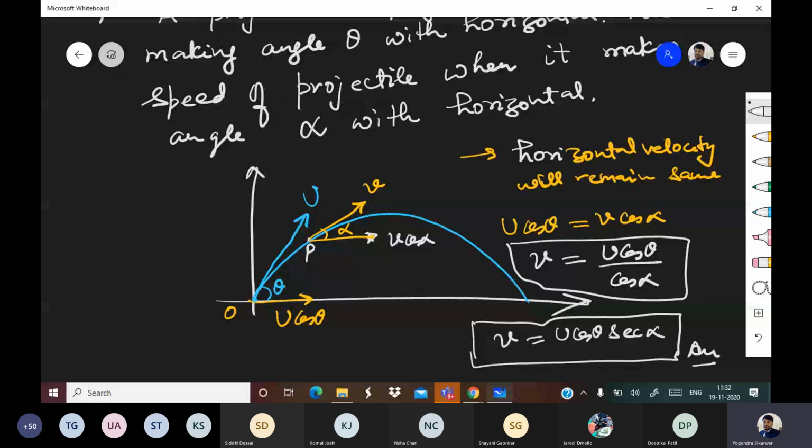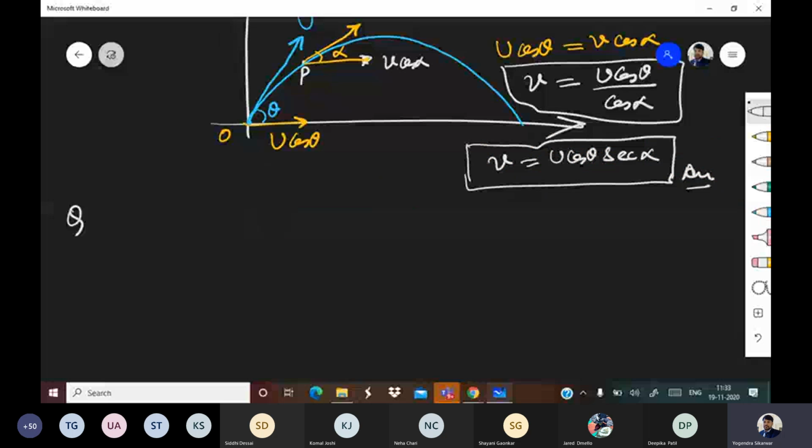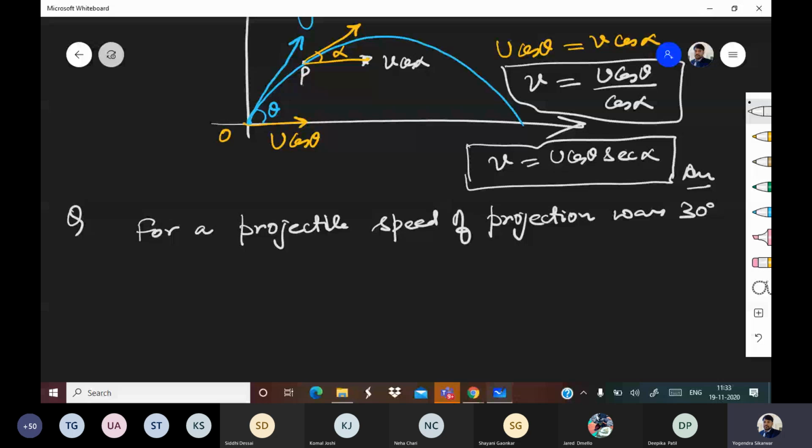Next question. For a projectile, the speed of projection was 30 meter per second.